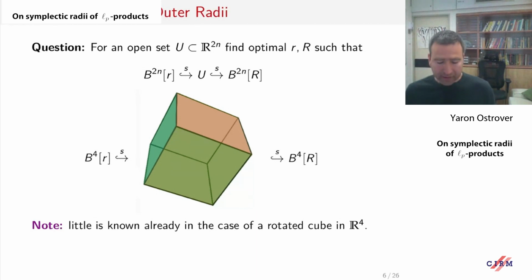And of course, the reason why this is a difficult question is that almost all of our tools to get obstructions for symplectic embeddings come from some homology theory that is based on the Reeb dynamics on the boundary.